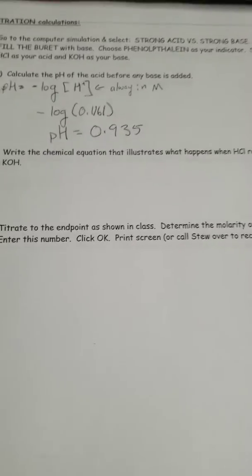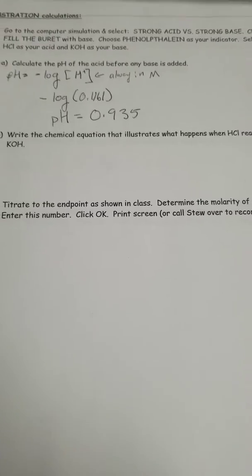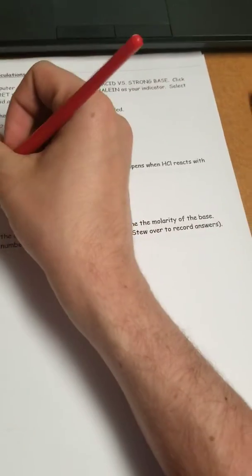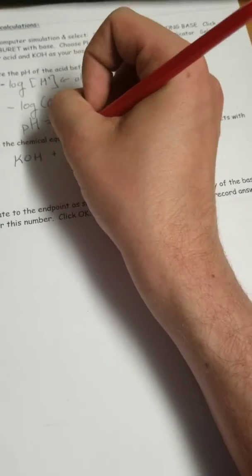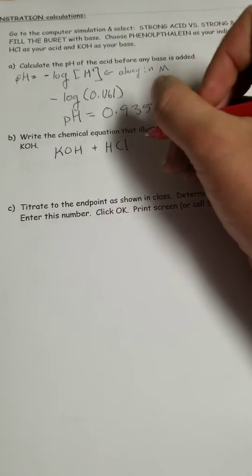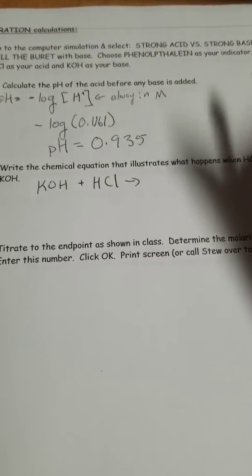So there's the pH for our acid solution. Now we need to write the chemical equation that illustrates what happens to HCl when it reacts with KOH. So here we have KOH reacting with HCl. It does not matter the order that it is in when they react. So this is a double replacement reaction.